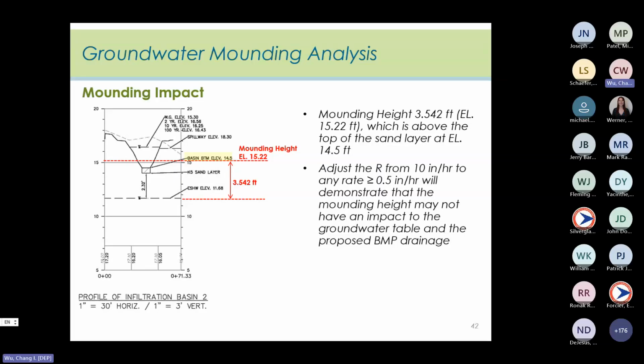So accordingly, it seems the mounding may encroach on the basin bottom, but that is not a big error.